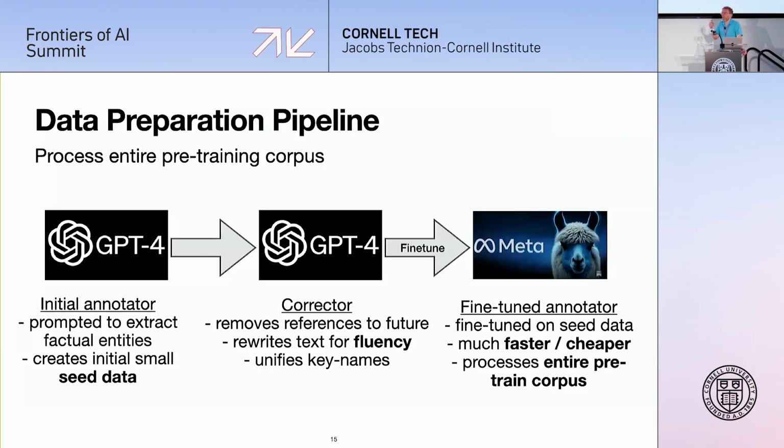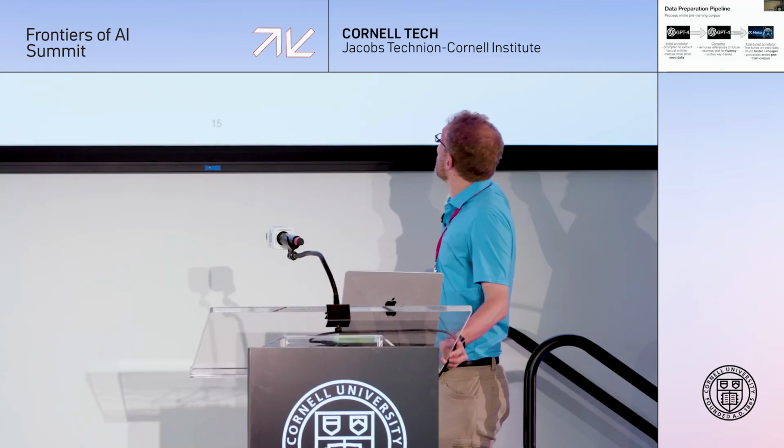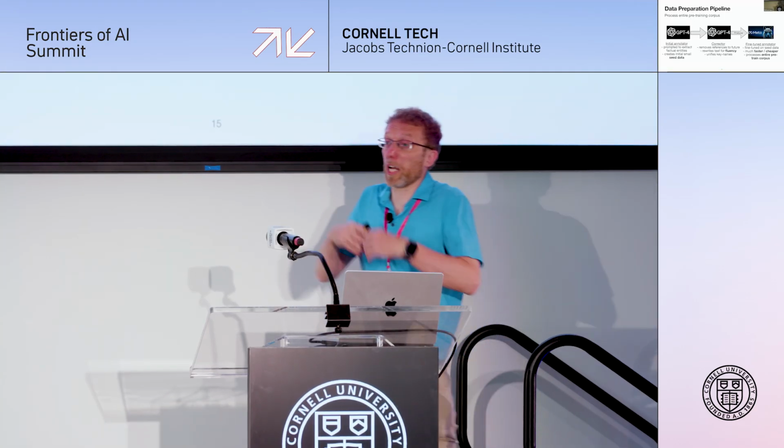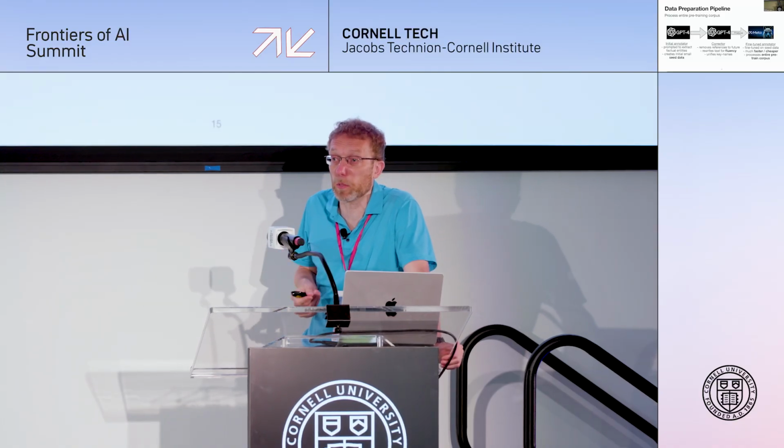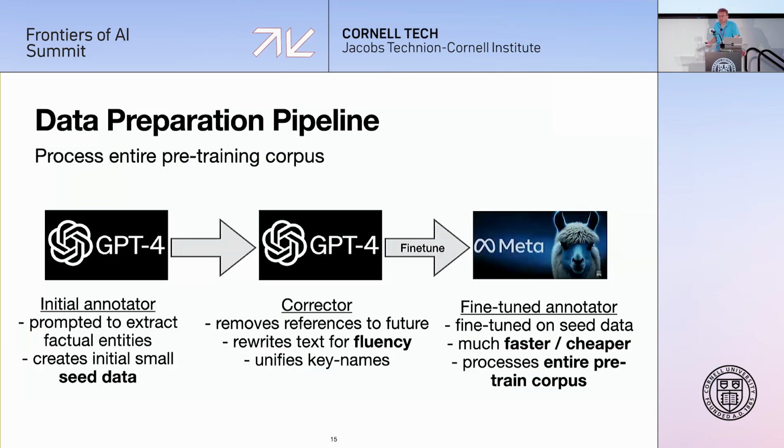So we just do it for a couple hundred pages, and then we train our own model to distill that into a small model just by learning what the output should be. And it turns out that's very easy to learn. And then once we have our own model, we can run it over all of Wikipedia in a couple of days and modify as much as we want. We have a little step in the middle: once we make these annotations, we have a second pass through it to make sure everything is still fluent. It's just a cleanup process.